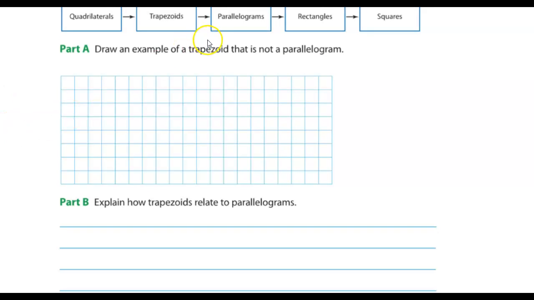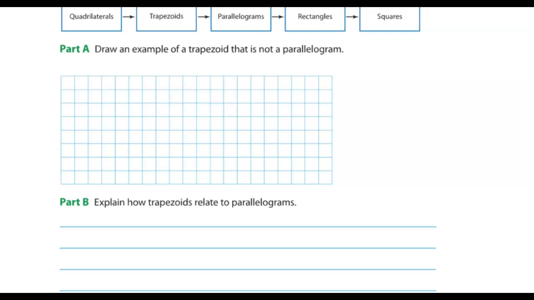So remember, this way is getting more specific. This way is more general. So you don't want to draw a rectangle because remember, squares and rectangles are parallelograms. So you don't want to go this way when you're choosing something to draw.